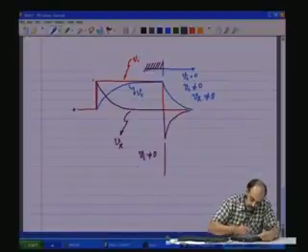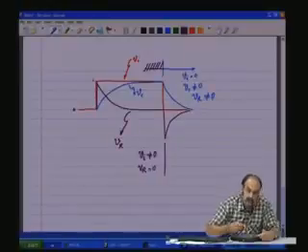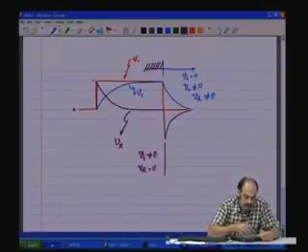However, you see that Vr goes towards 0 and Vc is not going towards 0.